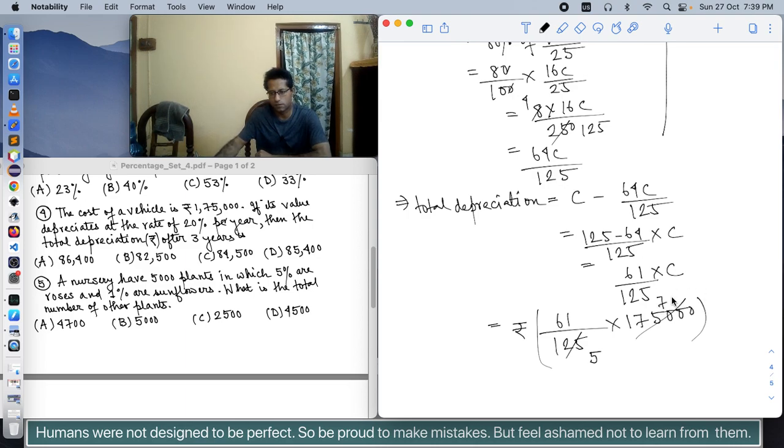So this is 7,000. This becomes rupees 61 into 7, which is 427, and then 000.